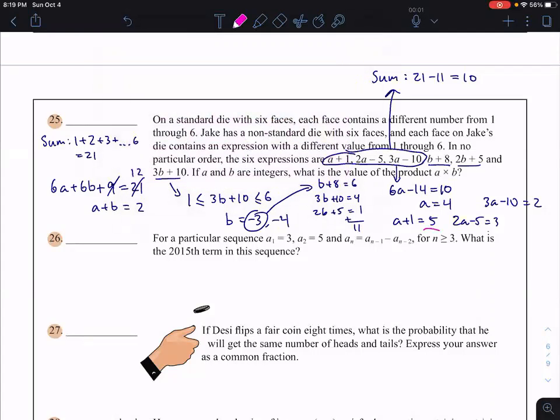So now that you see this, we see that there are no repeats. And that means that b is in fact -3 and a is 4. So we just multiply those together. -3 times 4, that is equal to, wait, hold on.